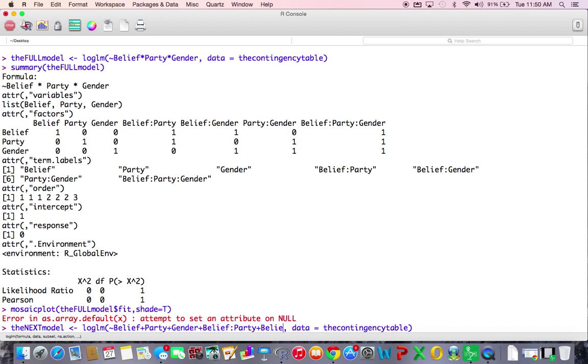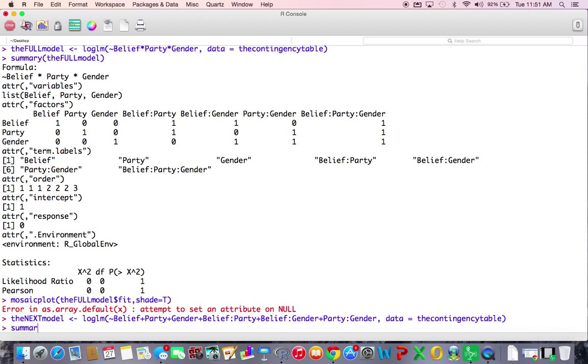I want to look at belief across gender. I want to look at party across gender. And did I forget anything? I should have 3. So belief across party, belief across gender, and party across gender. Okay, perfect.